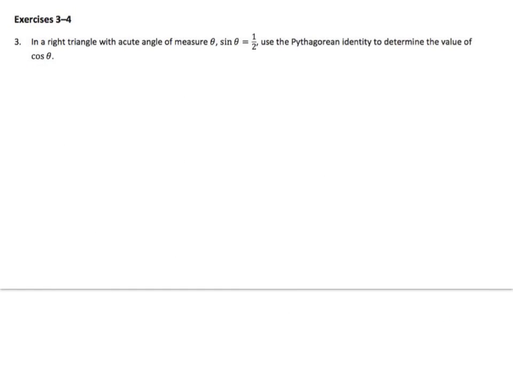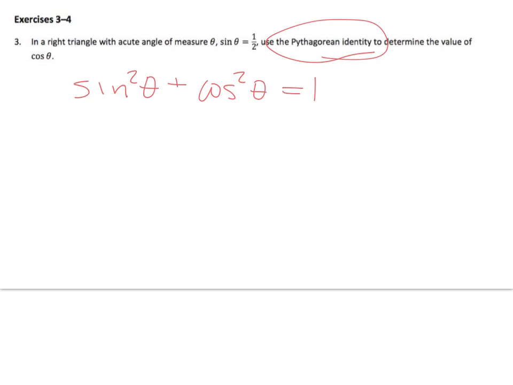So let's try a few. In a right triangle with acute angle of measure theta, sine theta equals 1/2. Use the Pythagorean identity to determine the value of cosine theta. The Pythagorean identity is sine squared theta plus cosine squared theta equals 1. I can rearrange it: cosine squared theta equals 1 minus sine squared theta.